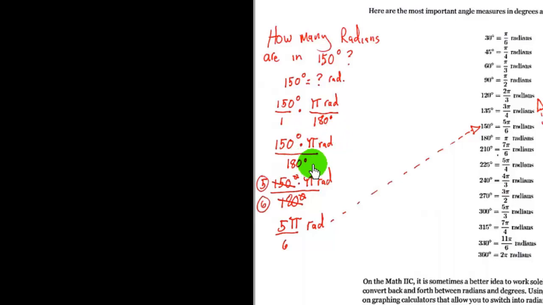Then you can cancel out your degrees in the numerator and the denominator, and you have 150 divided by 180. They can both be divided by 30. You're left with 5 in the numerator and 6 in the denominator. It simplifies to 5 pi radians over 6, or 5 pi over 6 radians, which you'll see if you follow this arrow, is 150 degrees equals 5 pi over 6 radians.